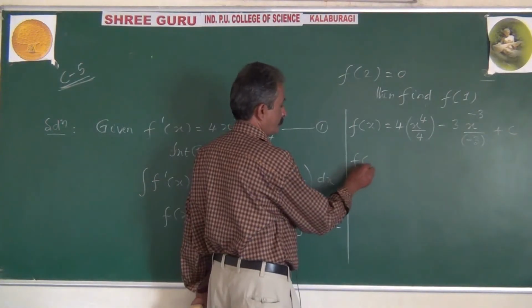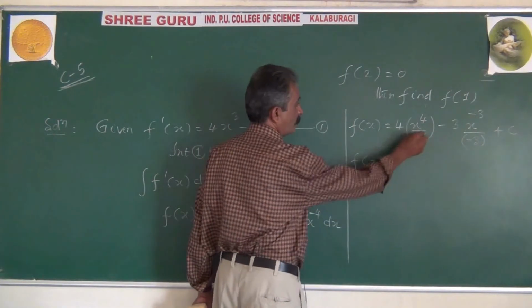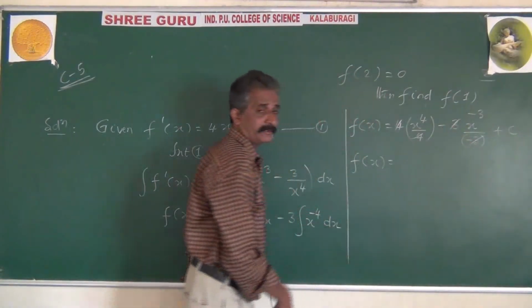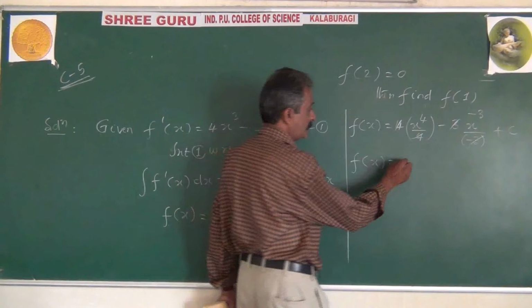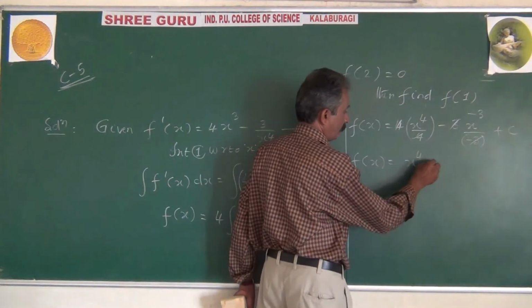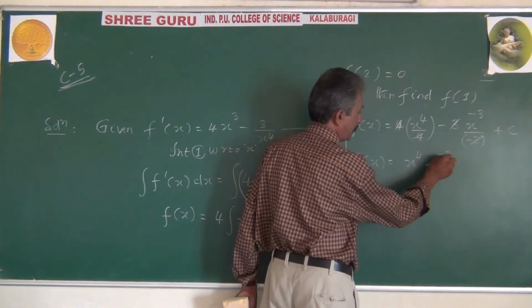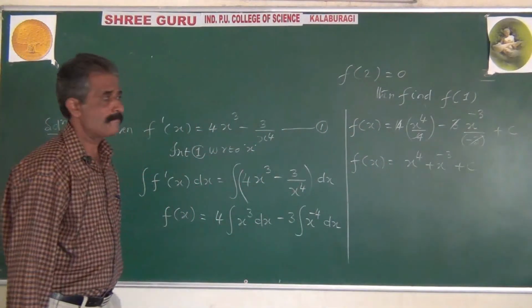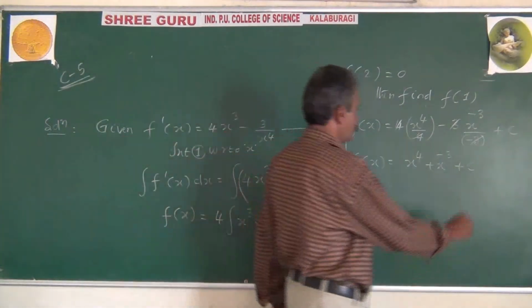So now f of x equals to, here 4 cancels, here minus 3 cancels. Left is x power 4 plus x power minus 3 plus c. Call it 2.